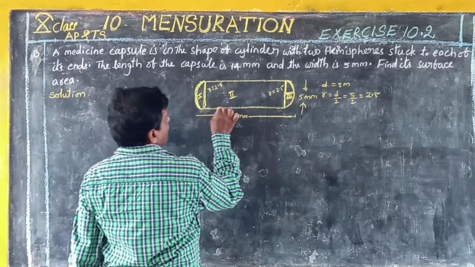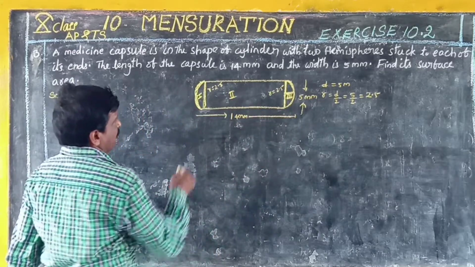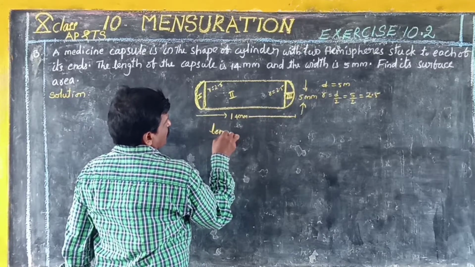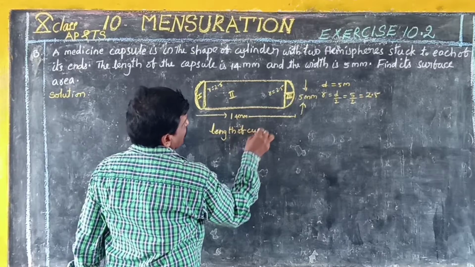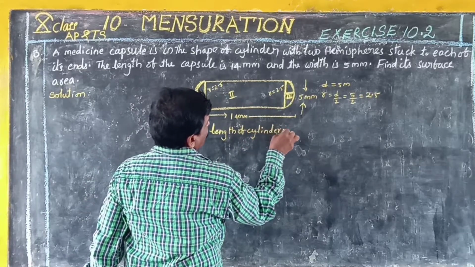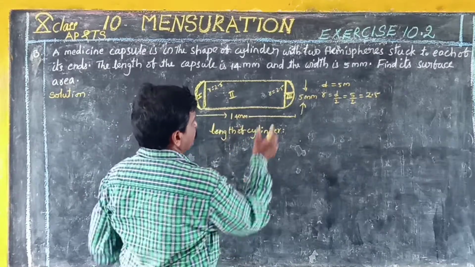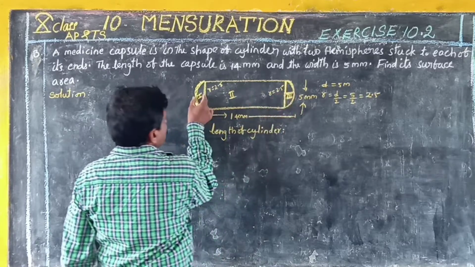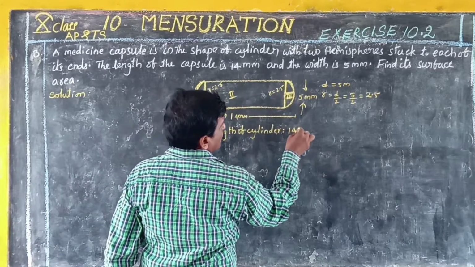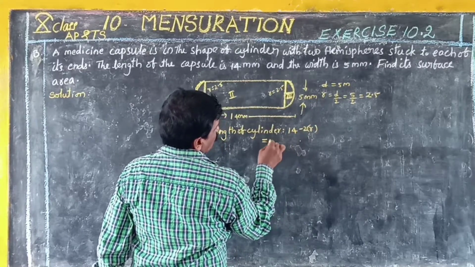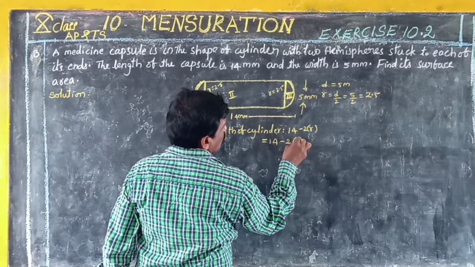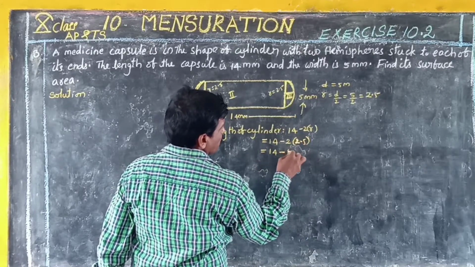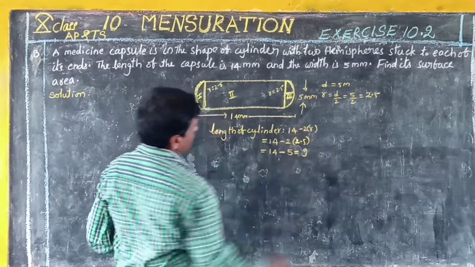So, length of the cylinder. L is the total length 14 minus 2R. 14 minus 2 into 2.5, 14 minus 5 is equal to 9.